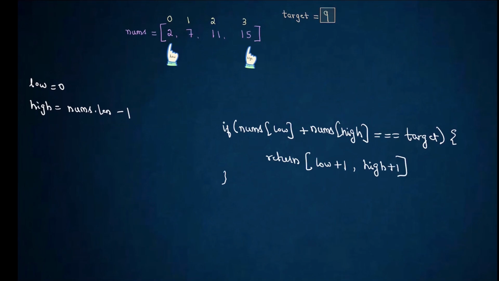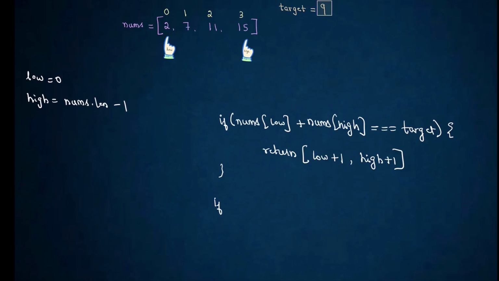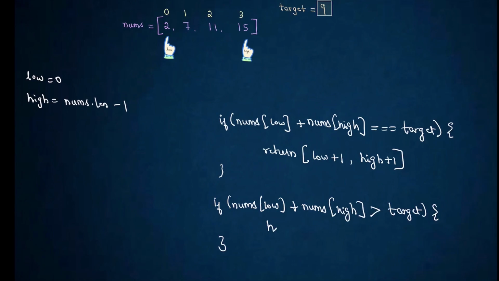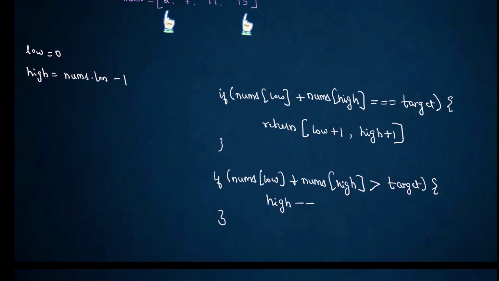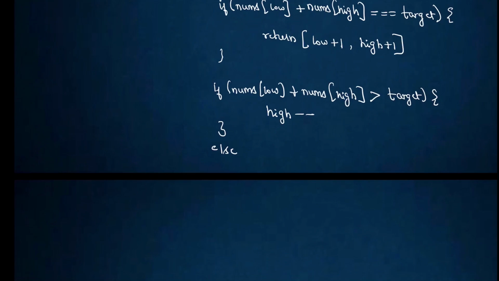If they don't add up, then we check if nums[low] plus nums[high] is greater than the target. And if yes, then we need to decrease high so that at some point it matches the target. Else, if nums[low] plus nums[high] is less than target, then we do low++.